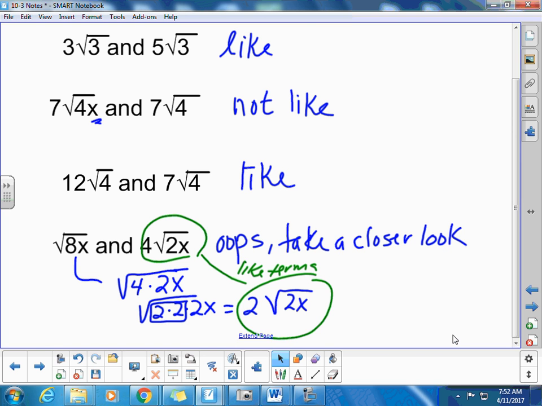It breaks up to be 4 times 2x, and then 4 breaks down into 2 times 2. So we can have a pair of 2's under, we pull 1 out, and you get 2 square root of 2x. So now 2 square root of 2x and 4 times the square root of 2x are like terms. So that was a tricky one.